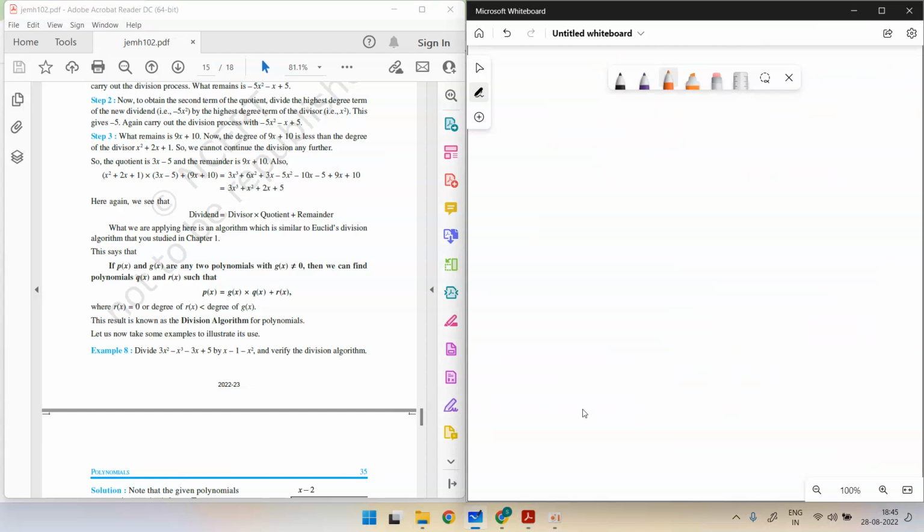Now let's say this is x square minus x plus 1... this is the divisor. I have adjusted the divisor in decreasing degree form.